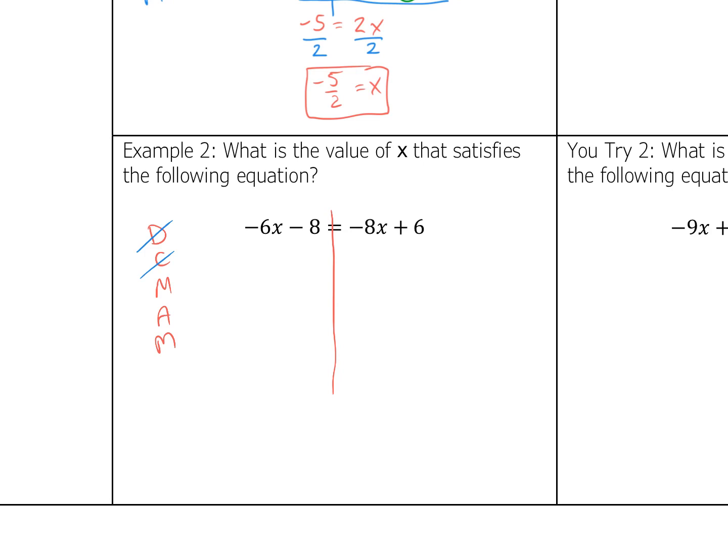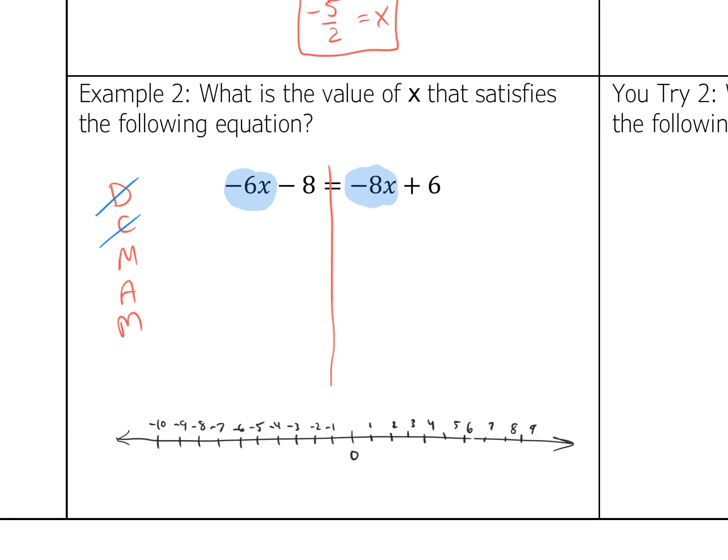So this is where it gets tricky. I have a negative 6x and a negative 8x. So the whole purpose of moving the smaller variable is so that you don't want to deal with negatives. Negatives make life a little bit more difficult. The way that we're going to identify which variable is smaller is we're going to use the number line.